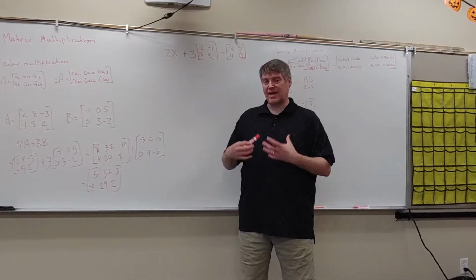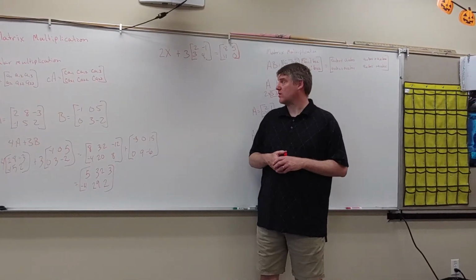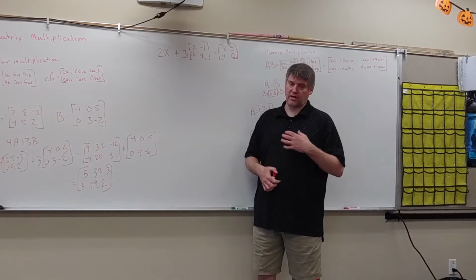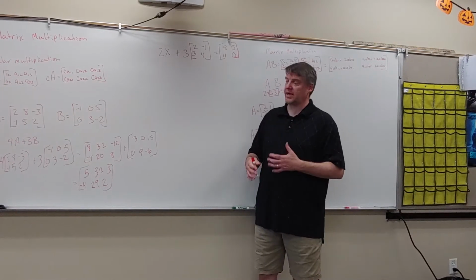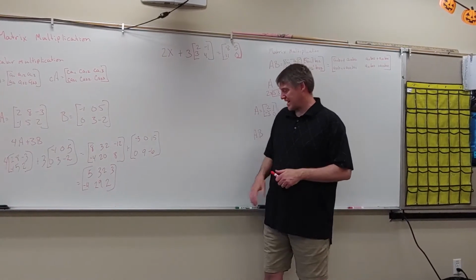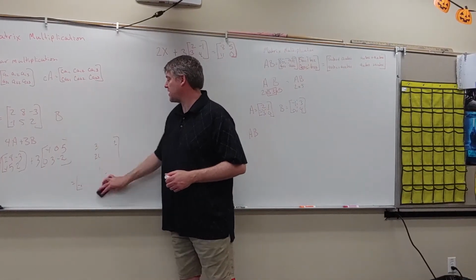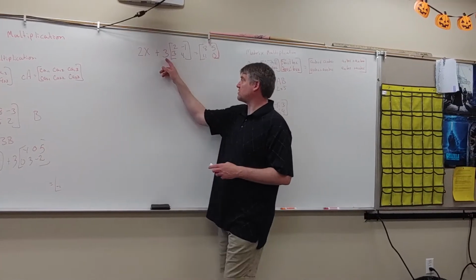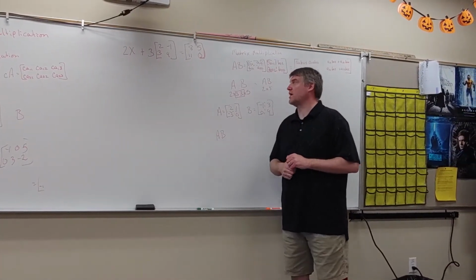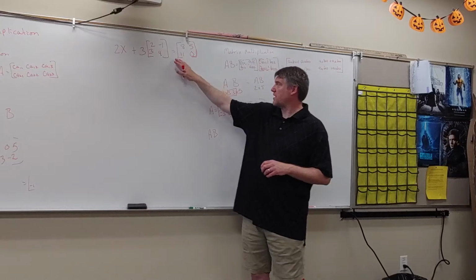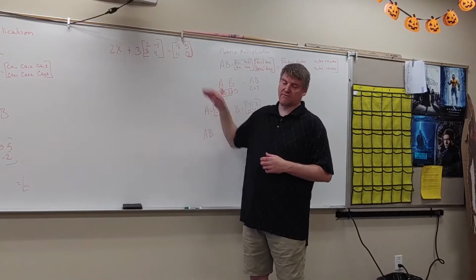We're going to use that idea to solve for an unknown matrix. So we're going to use scalar multiplication and adding and subtracting matrices. Here I have 2X plus 3 times the matrix 2, -1, 3, 4 equals the matrix 8, 5, 11, 0.